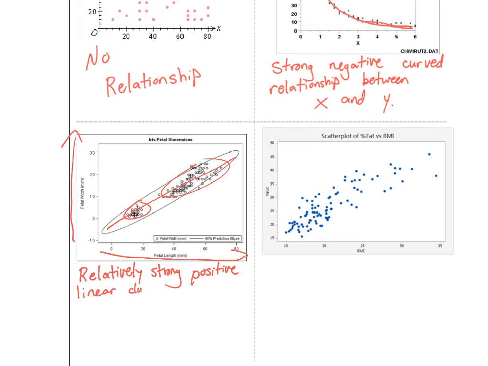I'm going to put clustered next to it in parentheses, because if you said clustered, I'd be okay with that. You could say linear or clustered relationship between petal length and petal width.